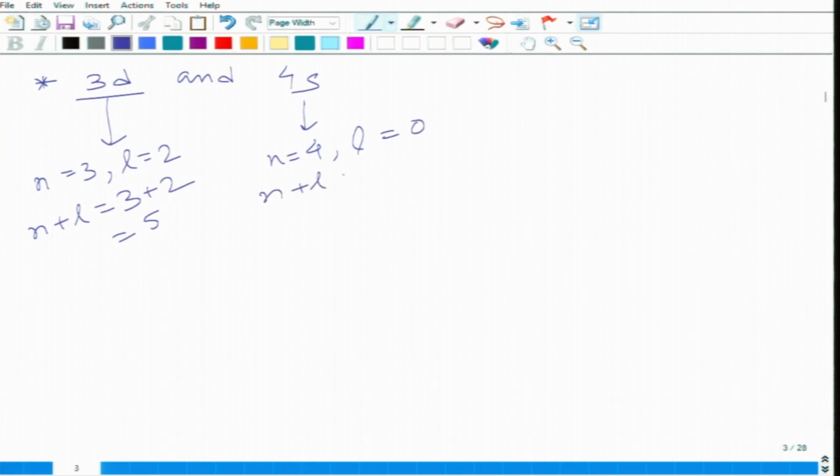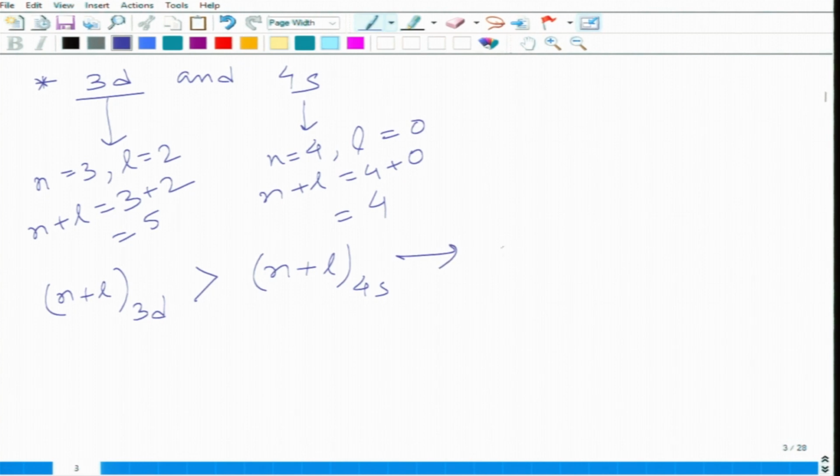So, n+L is 4 plus 0, that is 4. So, we see that n+L for 3D is greater than n+L for 4S. So, from this we can say that the energy of 3D is greater than energy of 4S.